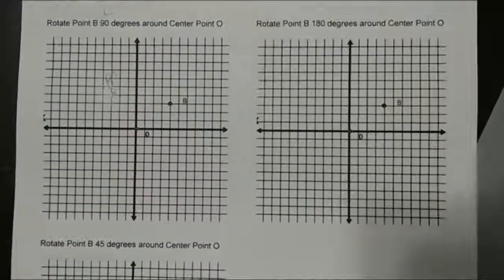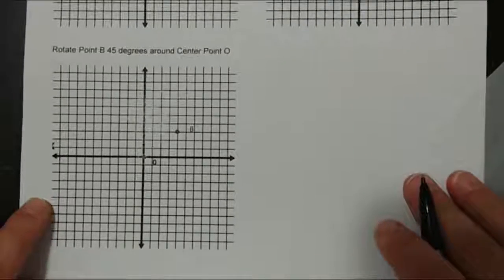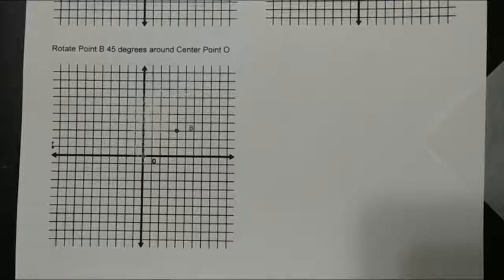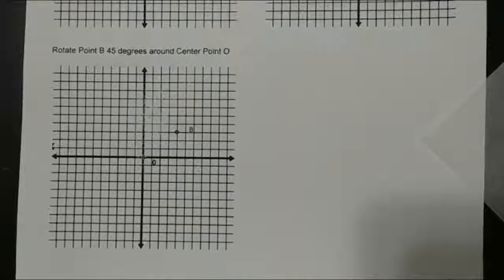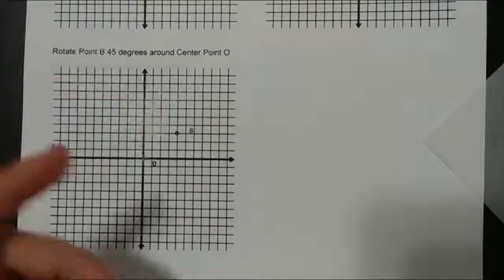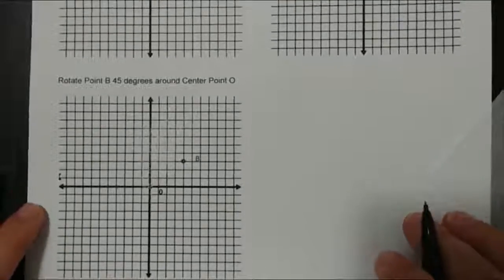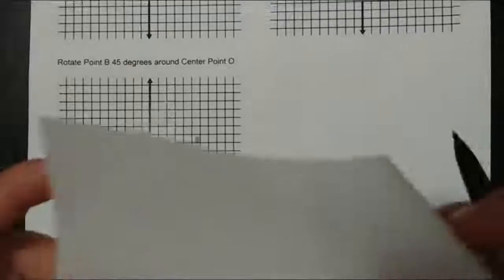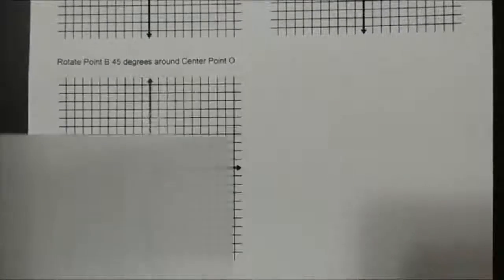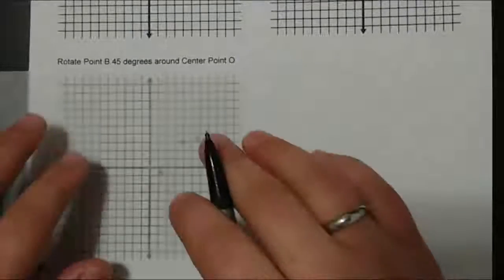Let's move on. Next, we are going to look at a 45-degree rotation. 45 degrees is half of 90 degrees, so we're going to go halfway of what we did here. Let's see how we're going to do that. We get our patty paper, and the first few steps are the same.